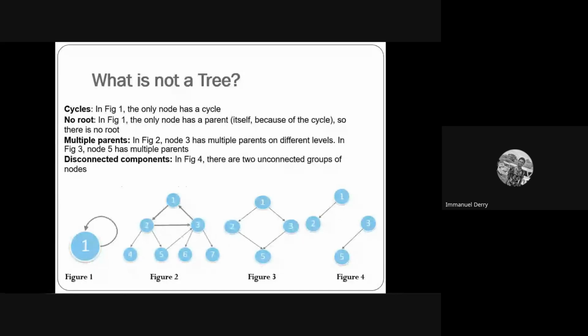So a circle node, I mean the only node has a circle. That is this particular one here, which is figure 1, is a circle. So we don't look at it as there's no root here.